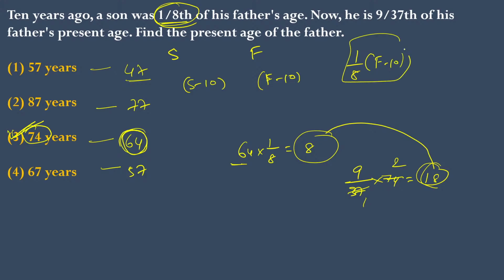So we get different types of equations. We get the answer, but it takes some more time. If we go by the options, 1 by 8 means the number minus 10 is divisible by 8, which is only 74, and 74 is divisible by 37. Okay, right, option 3 is correct.